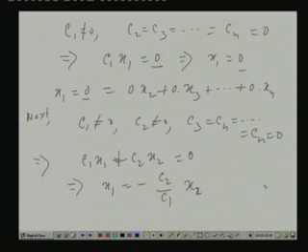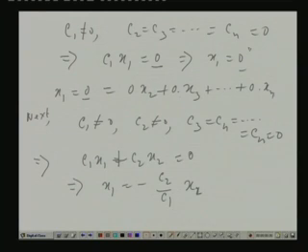Okay. So, which means if the set is linearly dependent, then you can get non-zero solutions for C1 to Cn. At least one coefficient is non-zero or more than one coefficient is non-zero. In that case, the set is linearly dependent, or conversely, if the set is given to be dependent, then you must be able to get some non-zero solutions for C1 to Cn, at least for one or more than one of them.